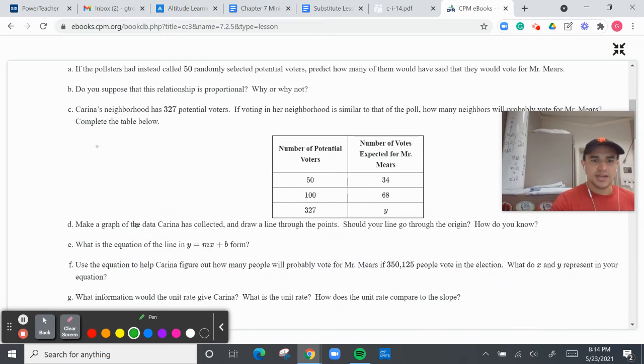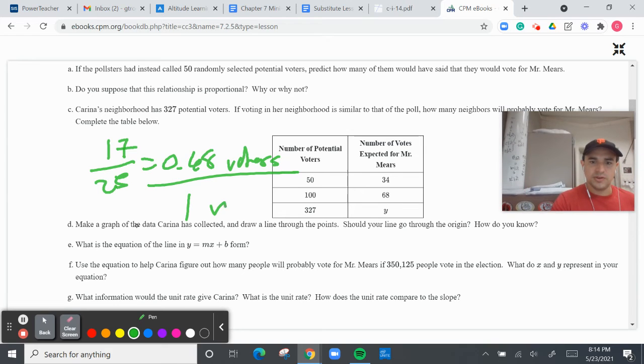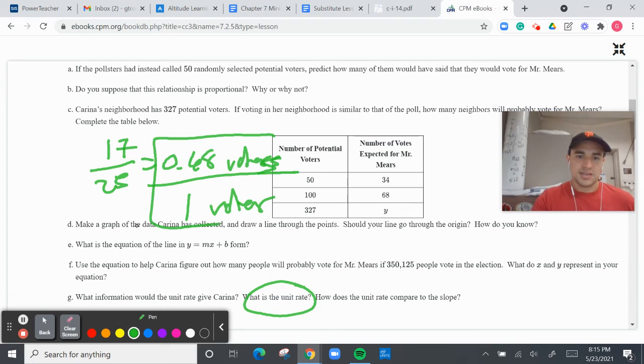You can also say, so 17 out of 25 equals 0.68 votes for every one voter. So again, for every one voter, they have a majority of the votes, which is going to be 68% in terms of that. So you can expect the unit rate is this, or 17/25.